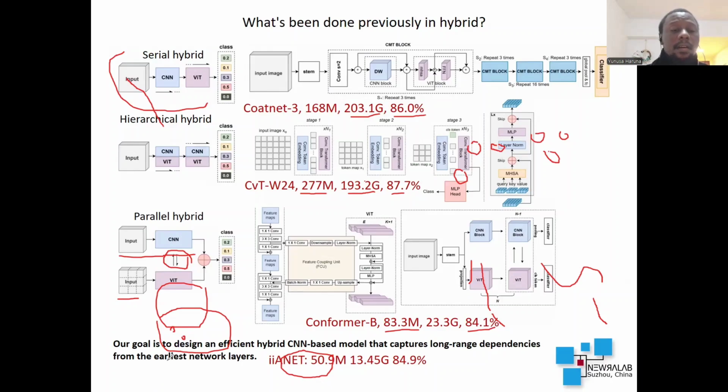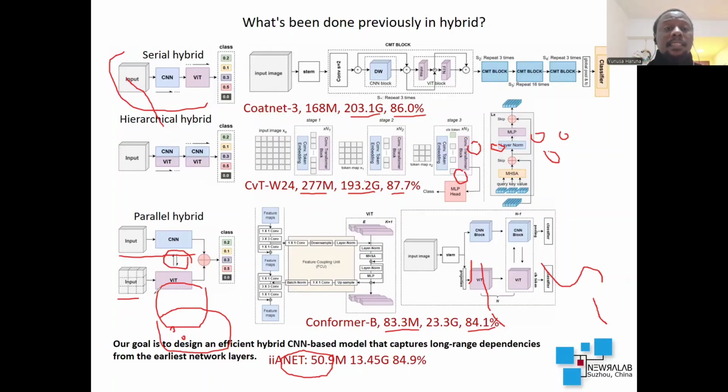So our goal is to design an efficient hybrid CNN-based model that is able to capture long-range dependencies. We would want to capture these long-range dependencies from the earliest layer of the network.